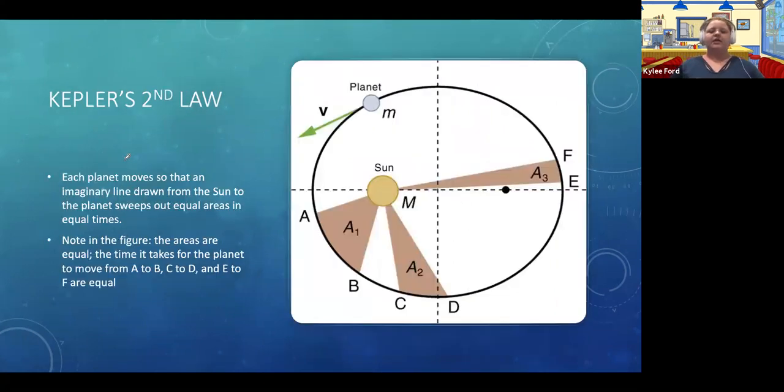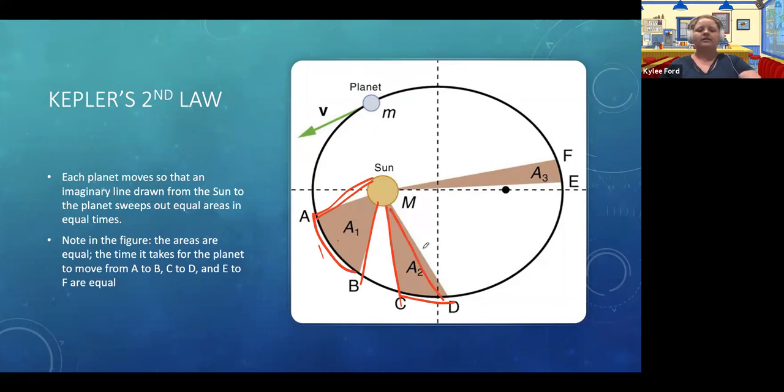Now Kepler's second law is a little bit more in depth. Again, we have our planet moving in an ellipse around our sun, and it's saying that as this planet moves around, the area that it sweeps out, going from A to B, this little area that it makes with the sun here, A1, is going to equal the same area that it sweeps out from two other points in that path.